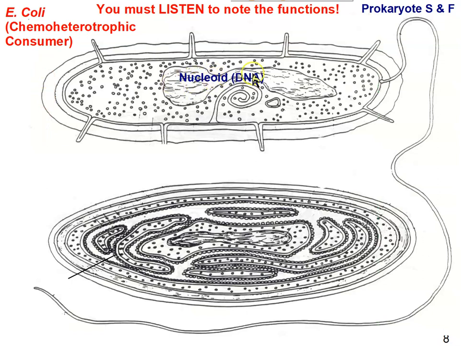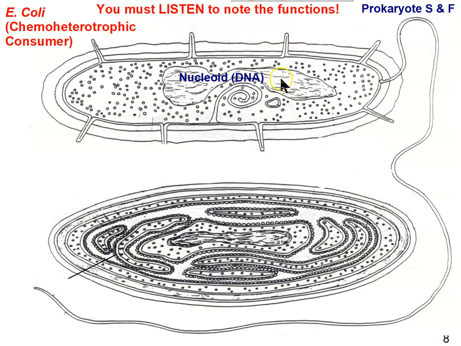We're going to start on the inside and work our way out. And what we see here is not a nucleus, because remember, prokaryotic cells do not have a membrane-bound nucleus. This is referred to as the nucleoid region. It's just the region of the cell where you are most likely to find the one circular chromosome that is the genome of the prokaryotic cell.